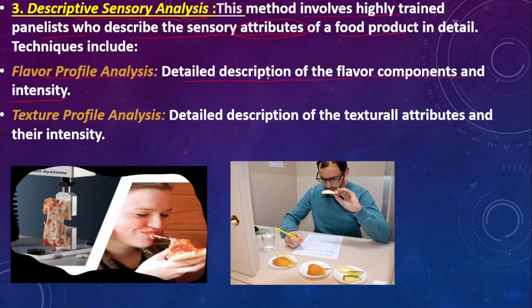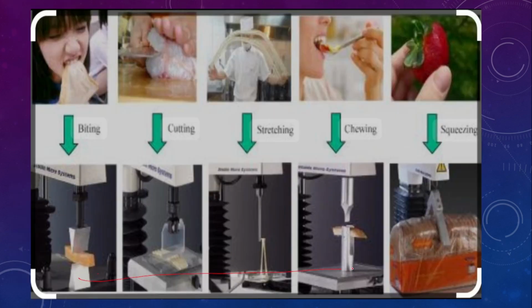That fruity smell that we get is because of the ester. And the texture profile analysis gives a detailed description of the textural attributes and their intensity. The intensity also we can know because of this analysis process. See, various instruments are present in order to check the intensity of the food, like biting, cutting, stretching, chewing and squeezing.